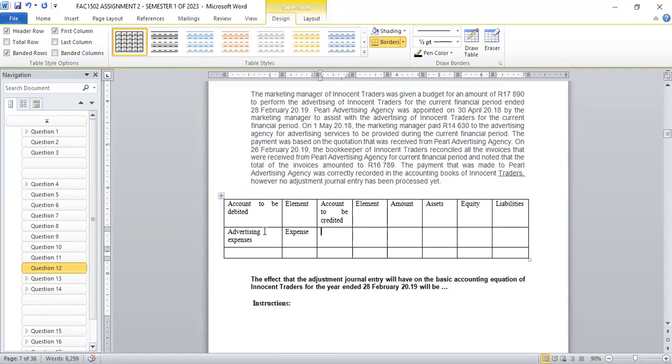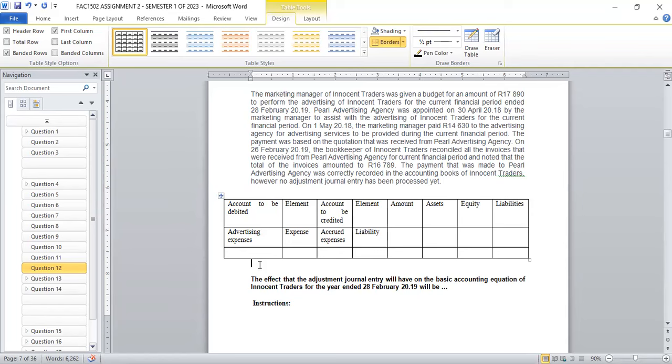When you owe for expenses, that's an accrued expense. When you owe for expenses, if you haven't paid, it's an accrued expense. The element, this is a liability, because you are owing. We paid 14,630 instead of 16,789. Then our amount, that's the difference.